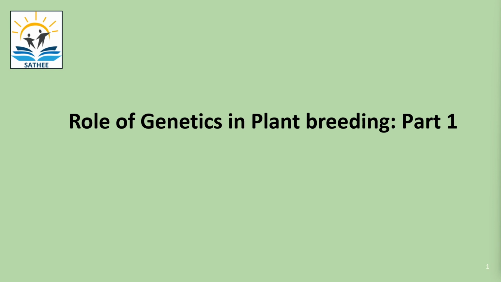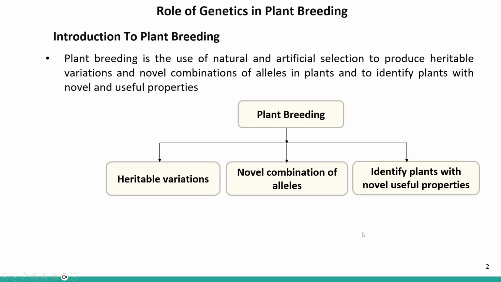So this is the first part for plant breeding: introduction to plant breeding. So what is plant breeding? Plant breeding is the use of natural and artificial selection, so the breeding that occurs naturally as well as artificially. Man uses artificial selection for the improvement of crops, right?